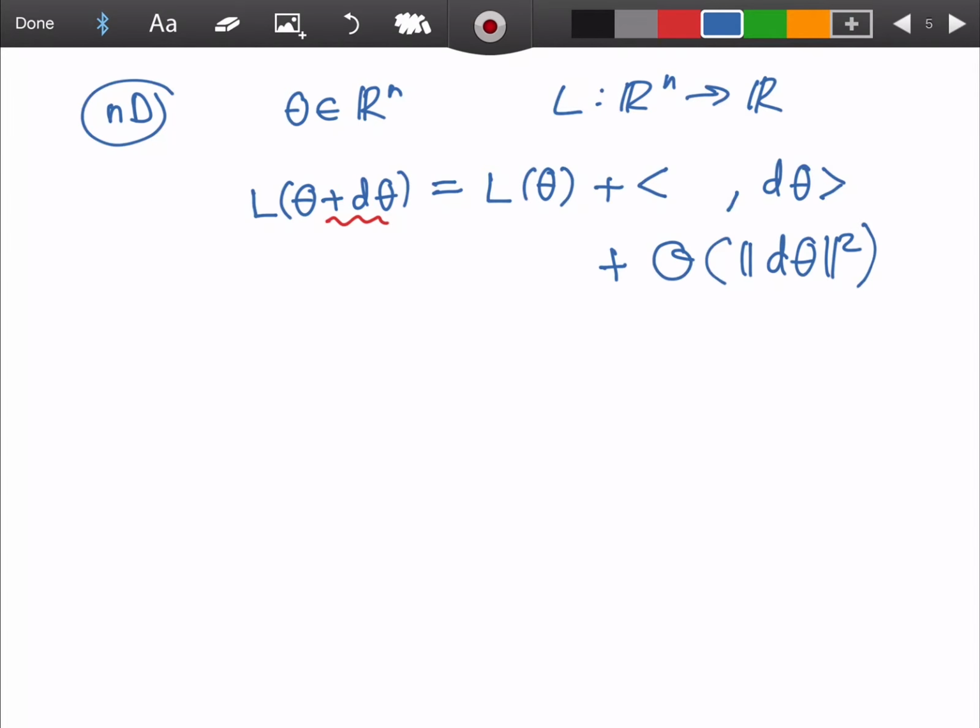Now remember, d theta is a vector, so I write a norm of d theta. It can be any norm, let's say the Euclidean norm. The quantity that goes here is called the gradient, the vector valued version of the first order derivative. It is denoted by nabla L of theta, or we will call it G of theta as well. I will use this way to define the gradient.